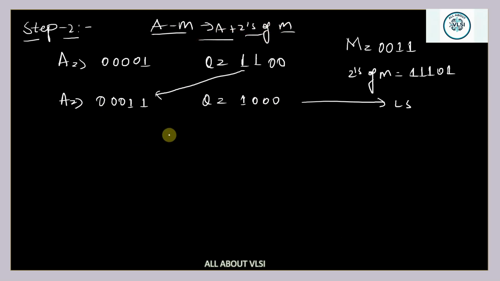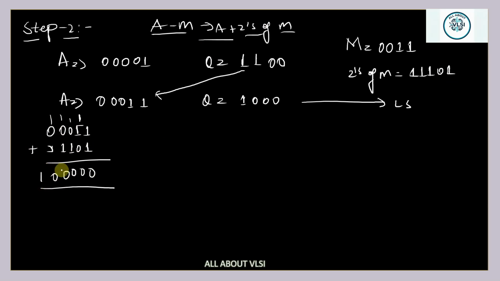Okay, so that is what I'm going to do. A is nothing but 00011 plus 11101, which gives 00000. So this is my accumulator value. And over here, you can see you are going to get a carry, which you can discard.